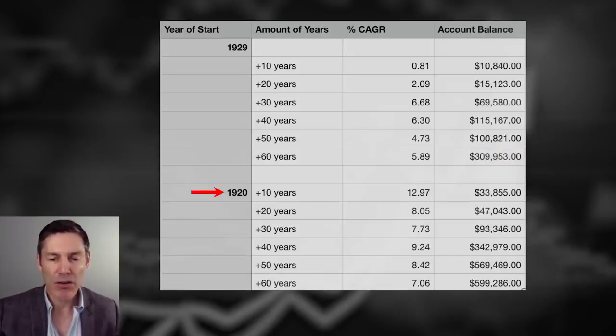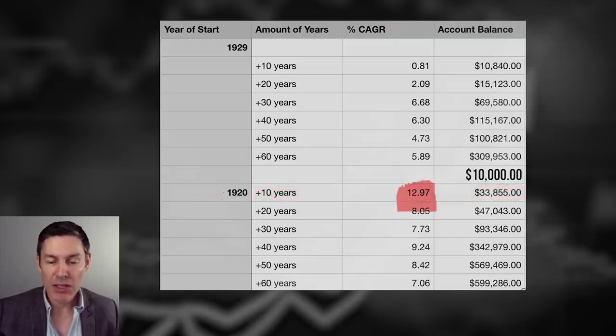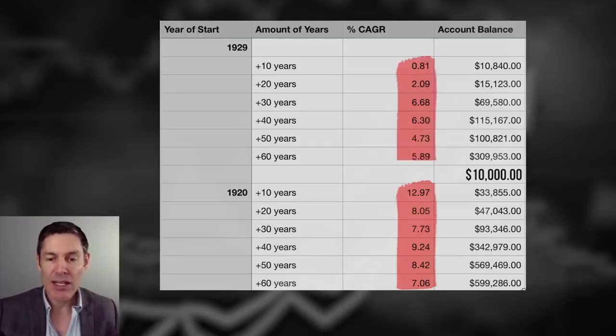Let's do the exact same thing, but start at 1920, which was a low on the CAPE ratio instead of one of the all-time highs. After 10 years, your compound annual growth rate would have been almost 13%. The original investment of $10,000 would have grown to $33,000. And you can go down the column and see that the compound annual growth rates are much higher when you compare them to starting in 1929, which was when the market was extremely expensive.